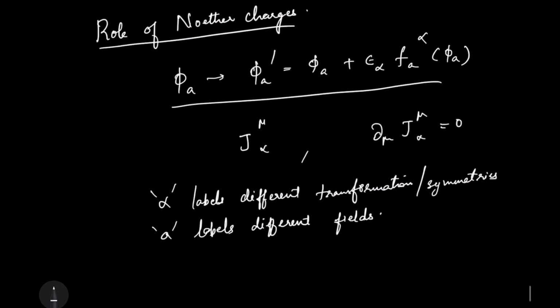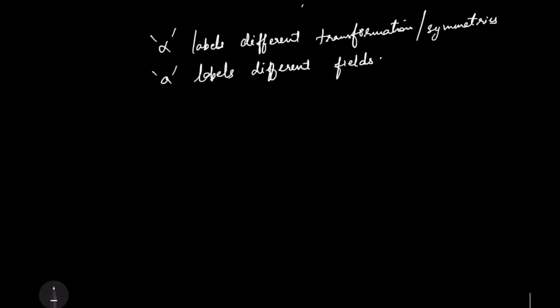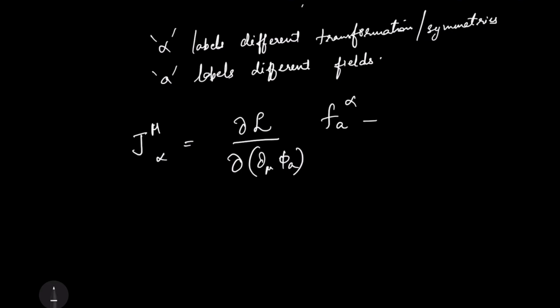We have already seen that the general form of the Noether current will be J mu alpha equal to the partial derivative of L with respect to del mu phi a times F a alpha minus K mu alpha.